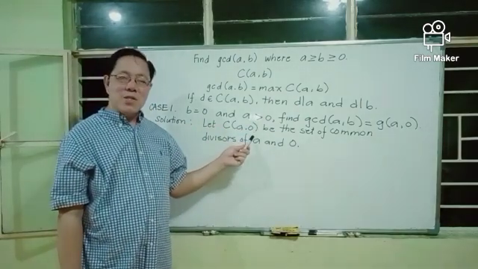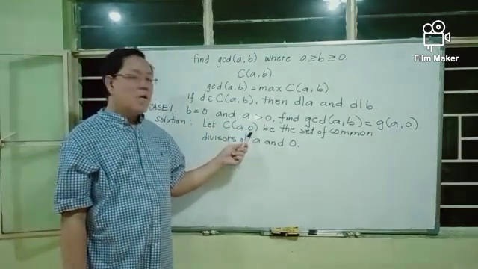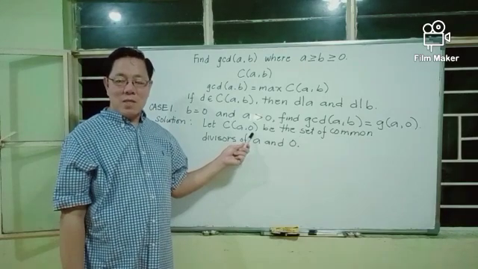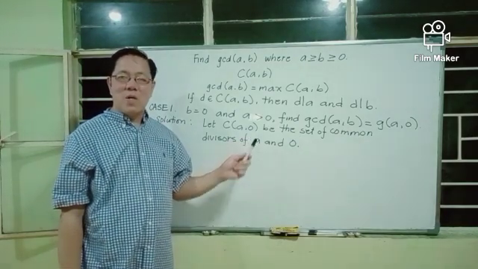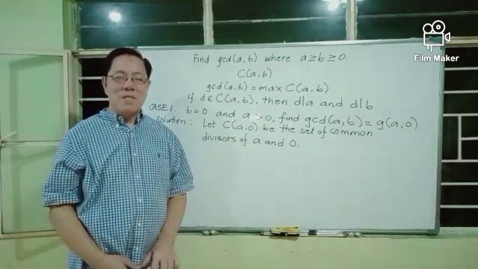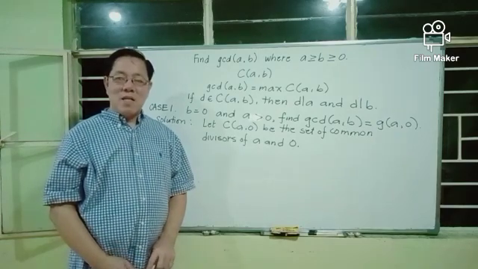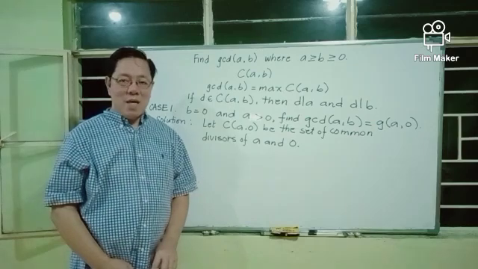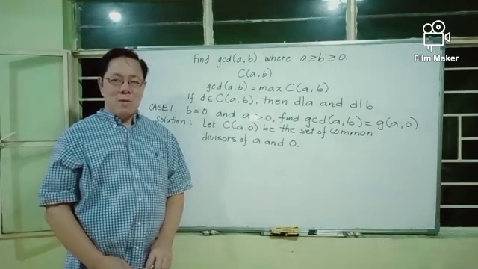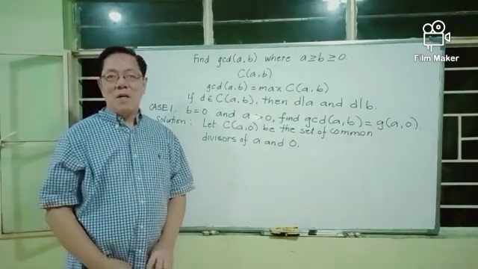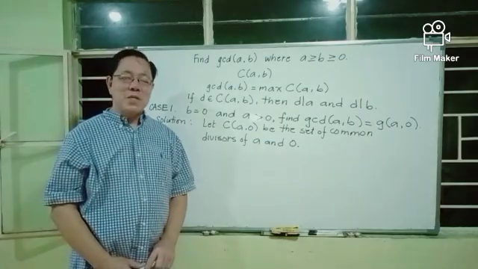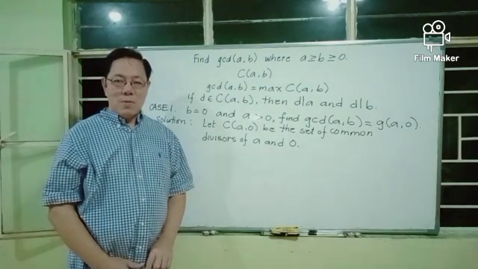Again, every integer divides 0, including itself. 0 divides 0 because one of the properties of divisibility says that everything divides itself. That is, if n is an integer, then n divides n. So 0 divides 0. And another property of divisibility, every integer divides 0.